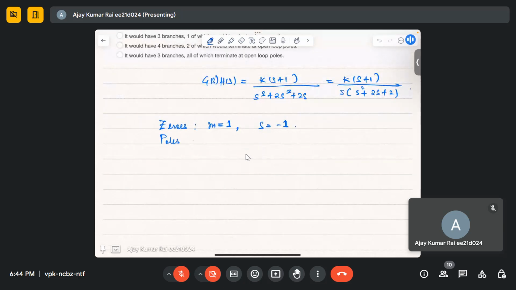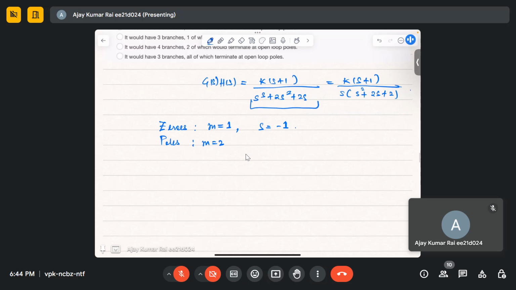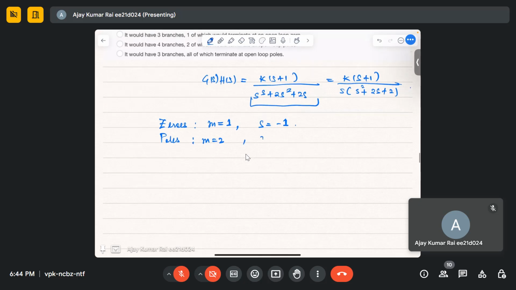And talking about the poles, we will be having three poles here, right? If you see the degree of this equation, s cube plus 2s square plus 2s, the degree is 3, so we'll be having three roots. One is lying at the origin, where s is equal to 0. So s is equal to 0 is one of the poles. We are talking about open loop zeros and poles. So this is n equal to 3.